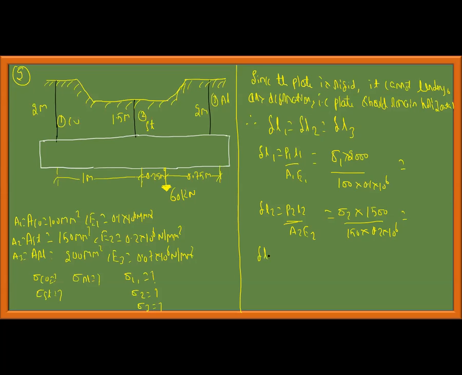Delta L3 equals P3 L3 by A3 E3, which is sigma 3 into 2000 by Young's modulus 0.07 into 10 power 6. Tell me all these values: sigma 1, sigma 2, and sigma 3.